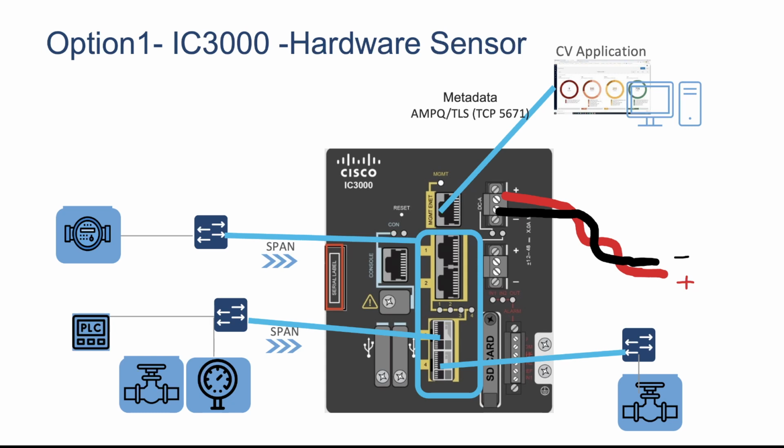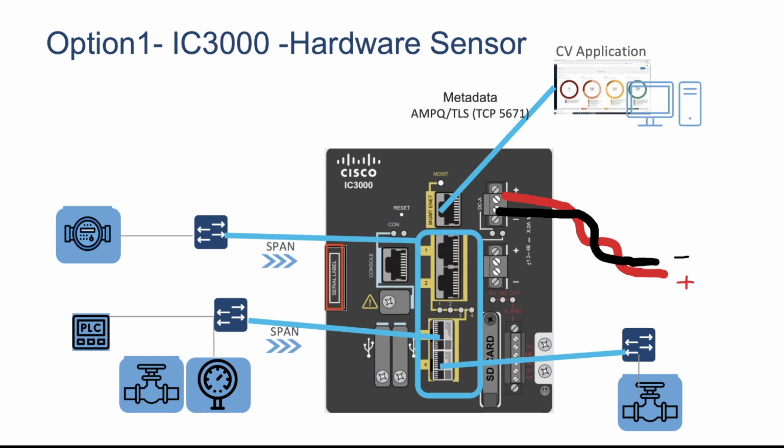This is a hardware sensor. Sensors are typically designed to capture the traffic from designated networks and send meaningful data to Cisco CyberVision. Sensors are enrolled into Cisco CyberVision, and both components are in continuous communication, continuously interacting with each other.